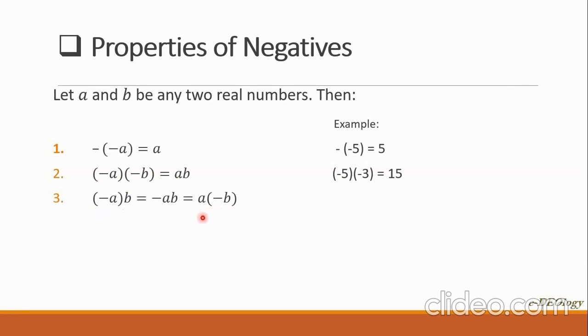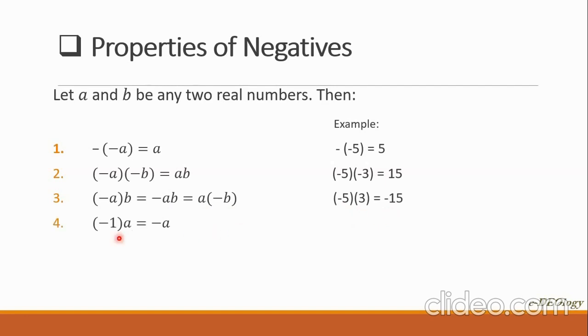So they have different signs, and the answer for both cases will be negative AB. So we multiply the numbers as it is, and we affix the negative sign. One example here is negative 5 multiplied by positive 3. The answer is negative 15.